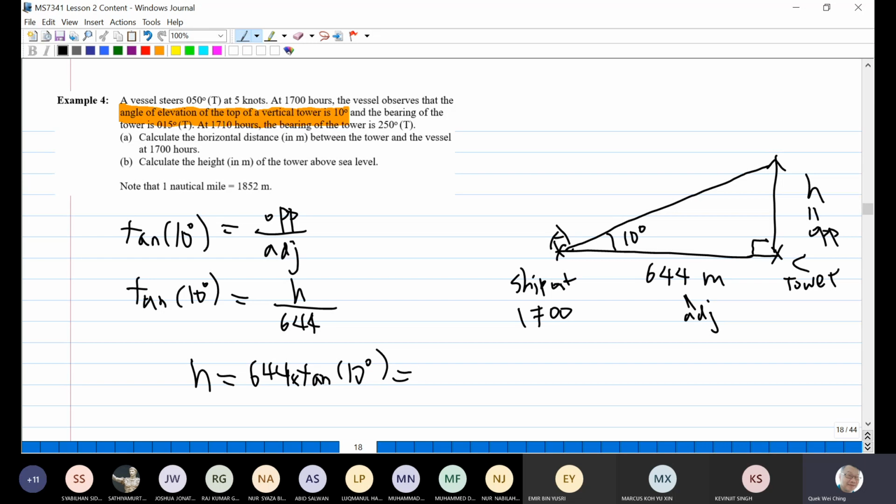This is a totally different triangle now because this triangle is not about bearing; just now it was direction and bearing. So it's 644 times tangent 10, which is 113.5, so 114. This is how you answer number 4.